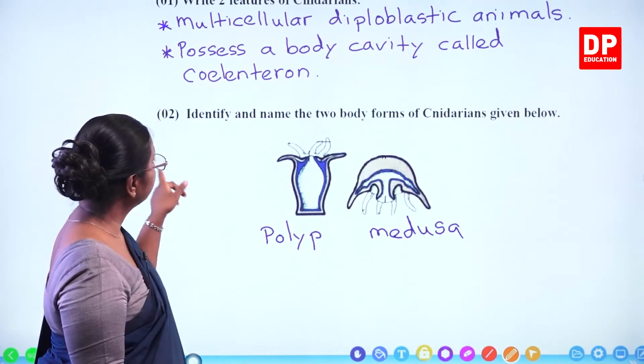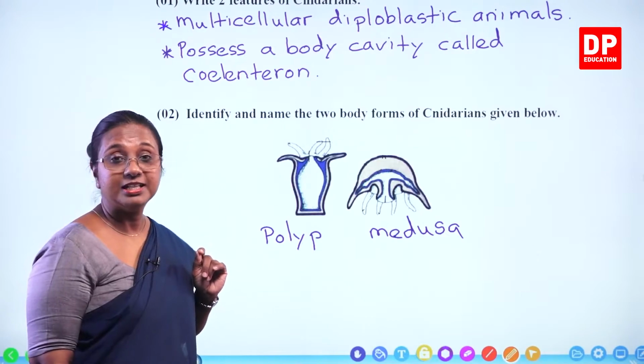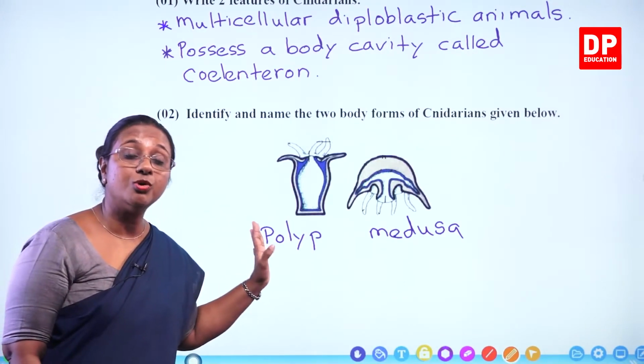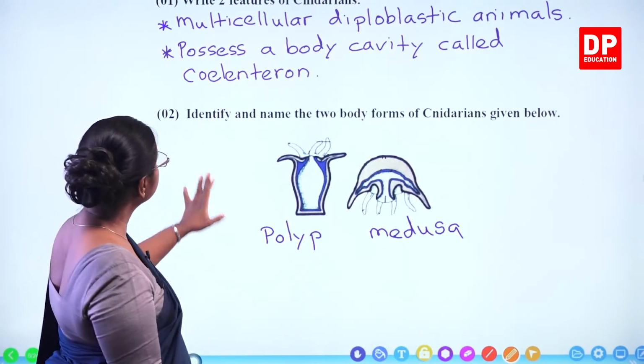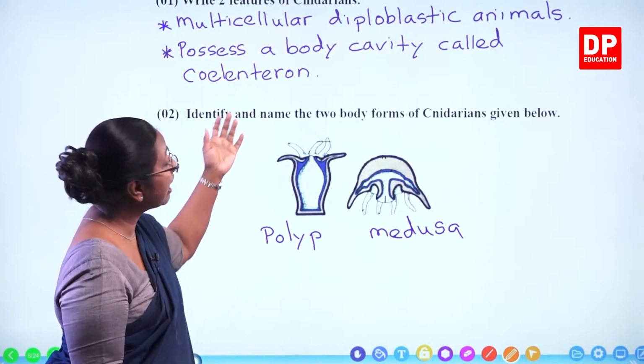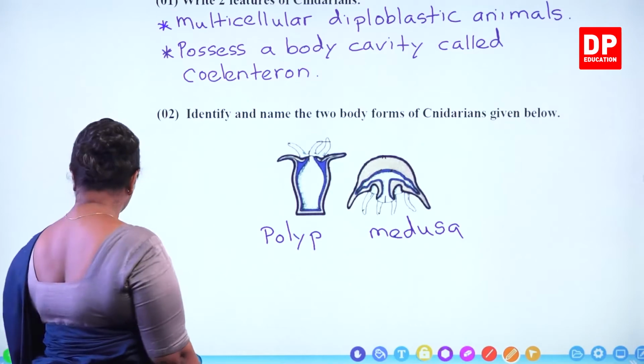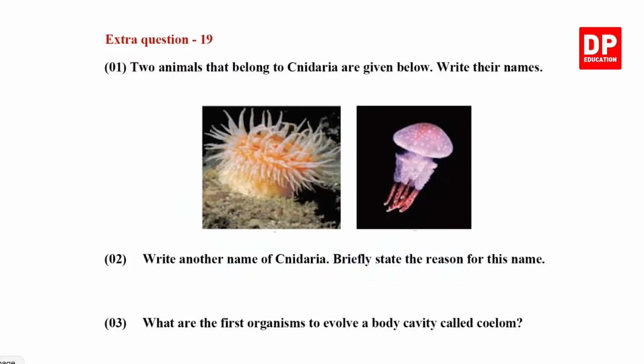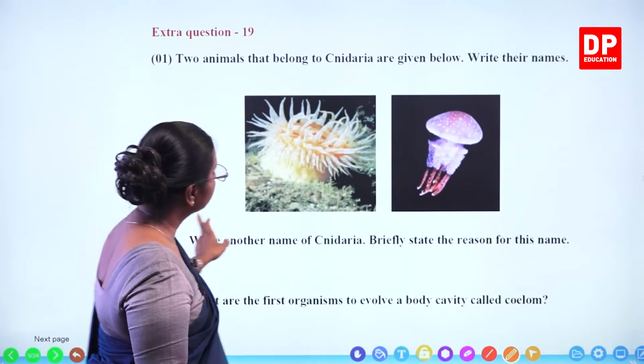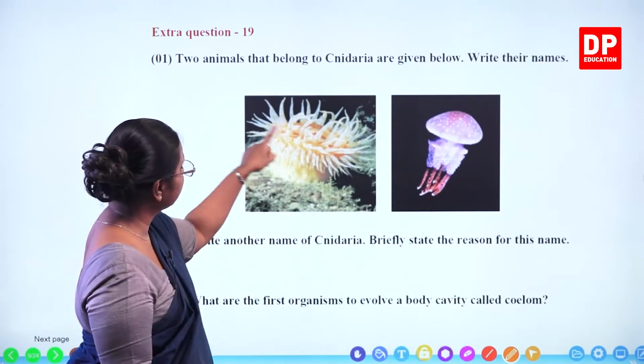We have written the two features and we have identified the two body forms. I am sure you also did the same thing. You would even have written other features also, but those are all correct. With that, I will move on to the next one. Extra question 90. Two animals that belong to Nidaria are given below. Write their names. Here we have two animals. What is this?